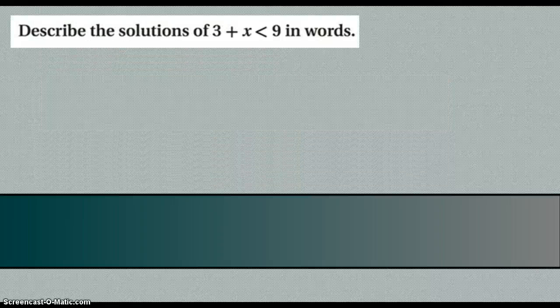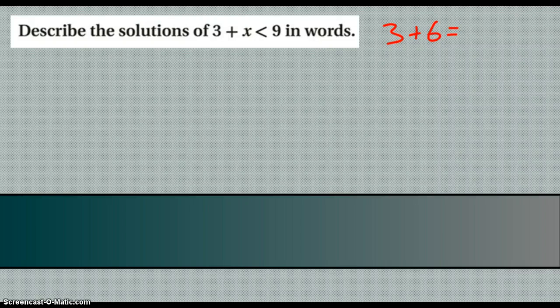So that kind of leads us into this example. In the next couple days here, we'll talk about how to come up with a specific solution. But this just says to describe the solutions of 3 plus x is less than 9 in words. Well, what I would say at this point is we know that 3 plus 6 equals 9.